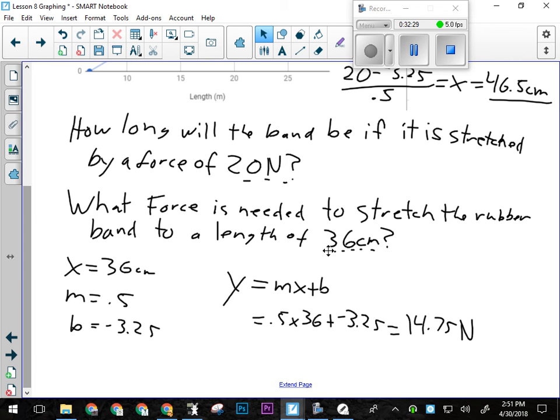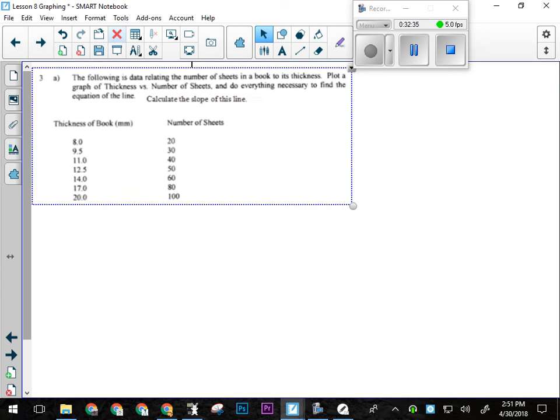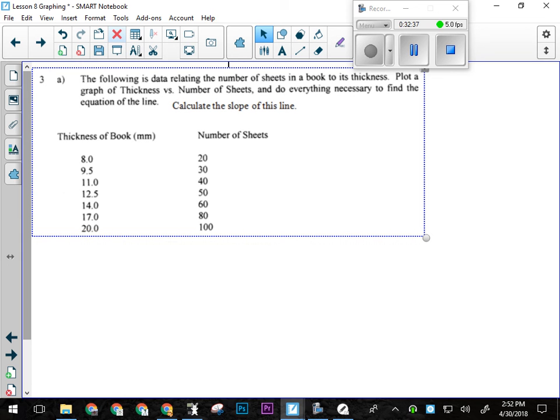All right, try one more here, guys. Okay, so for this one, number of sheets is going to go on the column A. It's going to be on the x-axis. Thickness of the book is going to go on the y-axis because the number of sheets determines the thickness of the book.